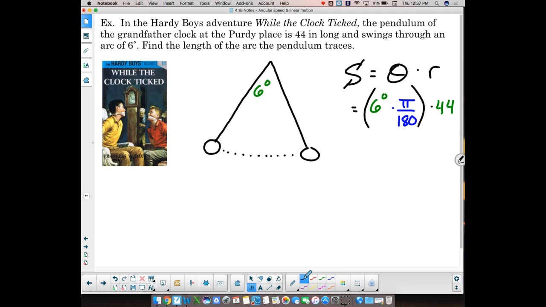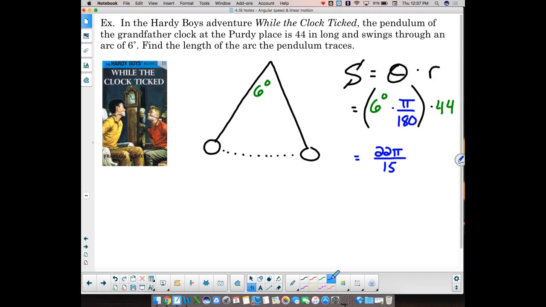So if I multiply all that out, I end up getting 22 pi over 15. Because 6 goes into 180 30 times. That leaves me with 44 pi over 30. Both can be divided by 2, giving me 22 pi over 15.